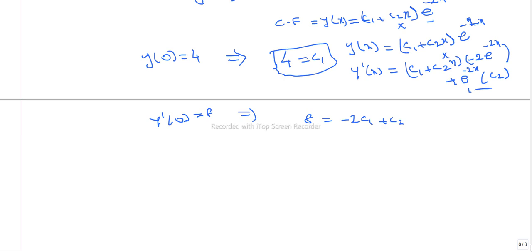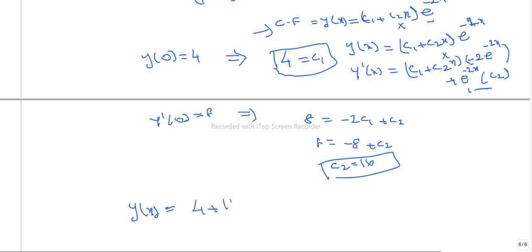We know that c1 value is 4, therefore 4 into minus 2 is minus 8 plus c2, and this is 8, therefore c2 should be 16. Now substitute c1 and c2 values in the given solution. Therefore y of x equal to 4 plus 16 times x, times e power minus 2x. So that is the solution.